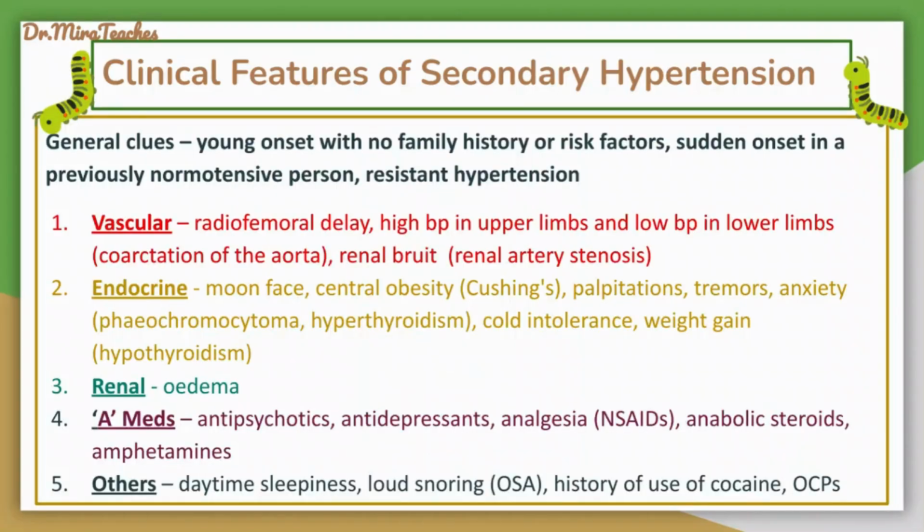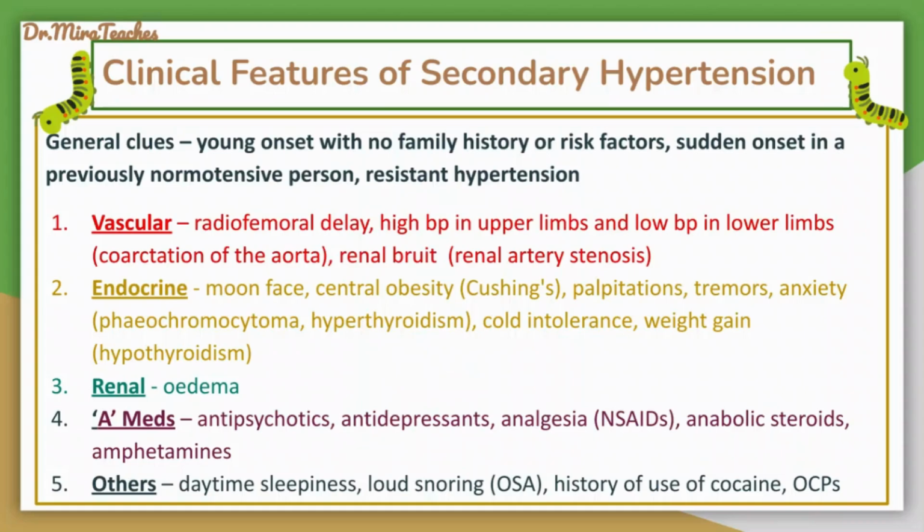Now, for the clinical features, you also go using this mnemonic, and then you'll be able to remember what you are supposed to look out for. But generally, we need to have some general clues that will point you to the fact that we may be dealing with secondary hypertension instead of essential hypertension.